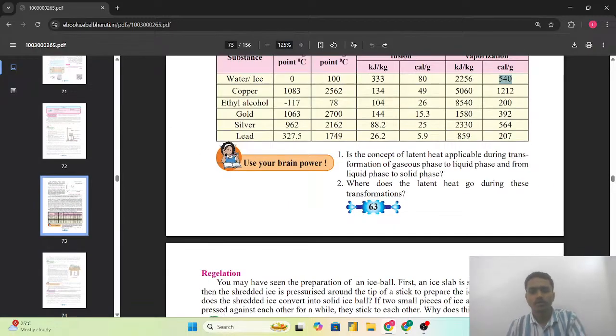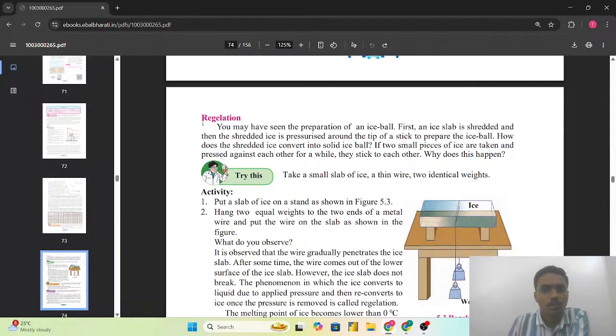So next is the part called regelation. You may have seen the preparation of an ice ball. First, an ice slab is shredded, and then the shredded ice is pressurized around the tip of a stick to prepare the ice ball.